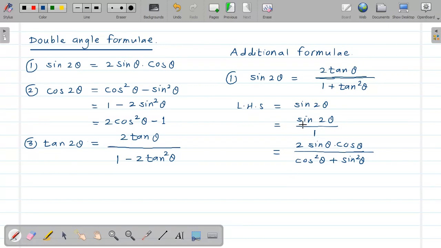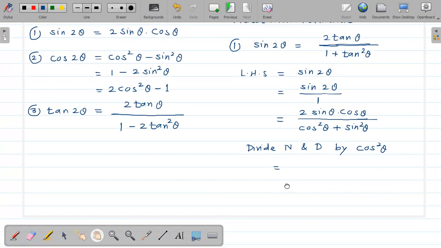So see the modification here. First of all, we have written sin 2 theta upon 1. Then apply the formula sin 2 theta as 2 sin theta into cos theta, and upon 1 means cos square theta plus sin square theta. Now if you divide the numerator as well as denominator by cos square theta, then you will get the RHS.